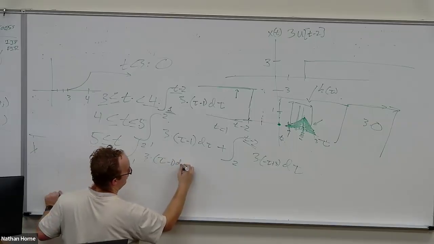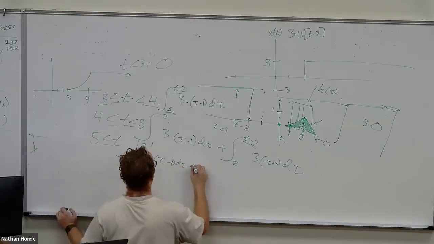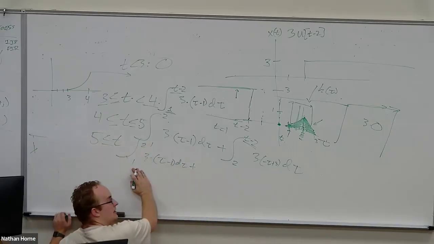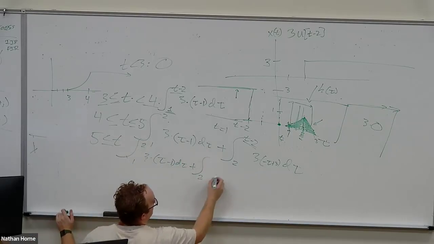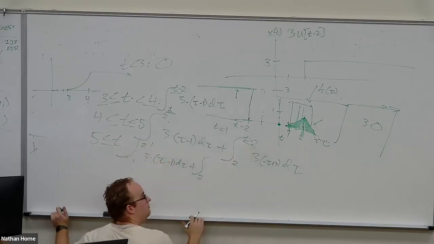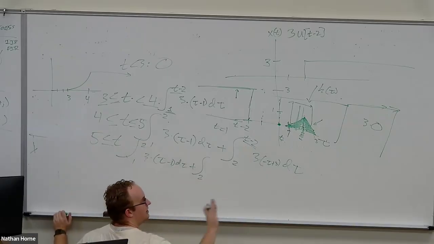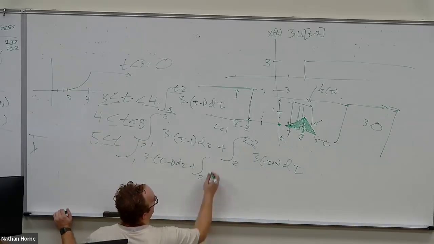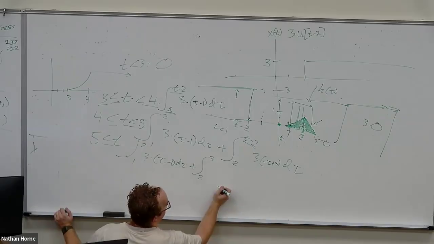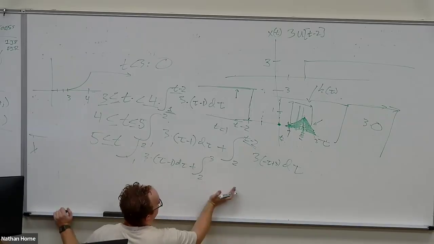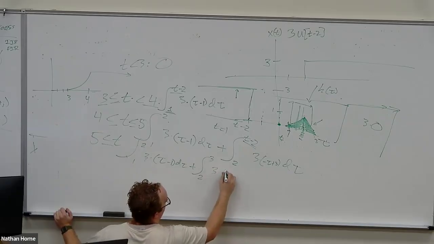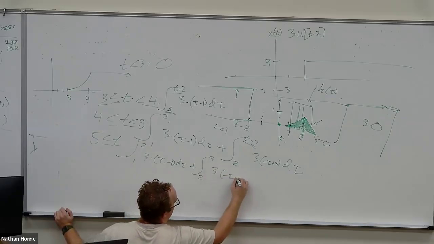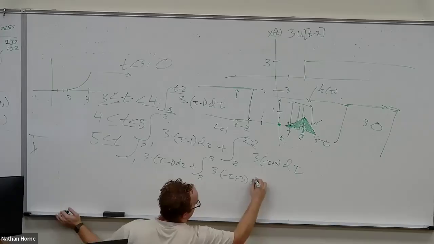Still 1 to 2, yep, because it's static, and then this integral is now from 2 to 3. Where it was T minus 2, because that edge was defining the upper part of our overlap, now it is 3, because it's a static stop at 3. And again, the inside of our integral is 3 times negative tau plus 3 d tau.